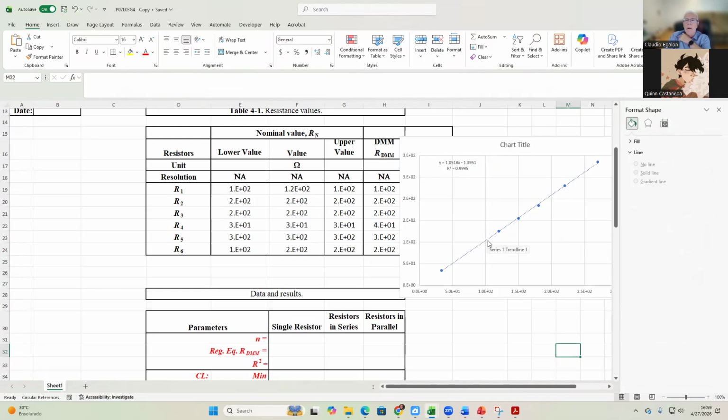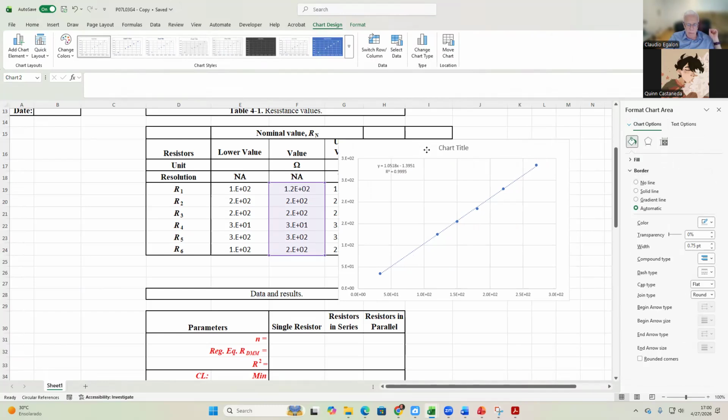My slope is 1.0518 x minus 1.3951. Okay, you got it right. And my R value was 0.9995. Okay, 0.9995 is exactly right. So you got it right.